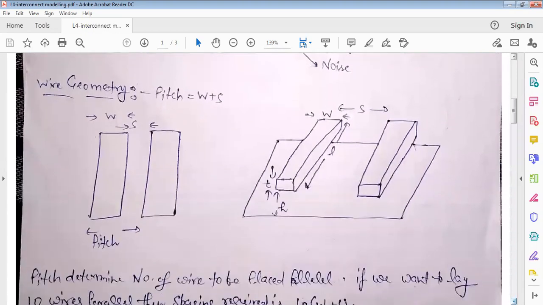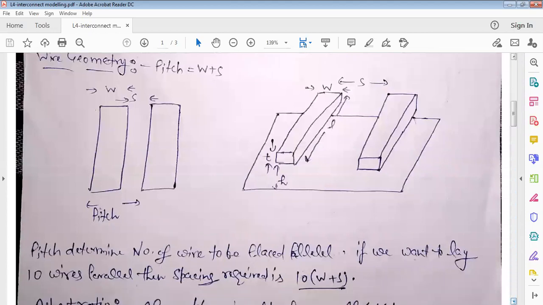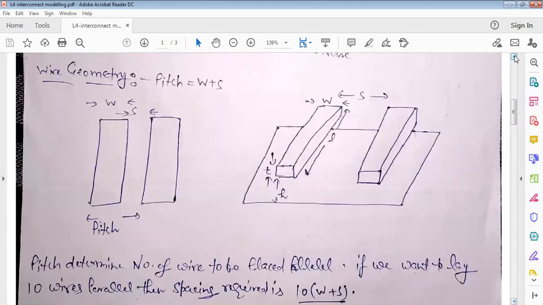Now let us come to the wire geometry. Suppose we have two wires laid parallel on a surface. Let L be the length of the wire, W the width of the wire, and T the thickness of the wire.